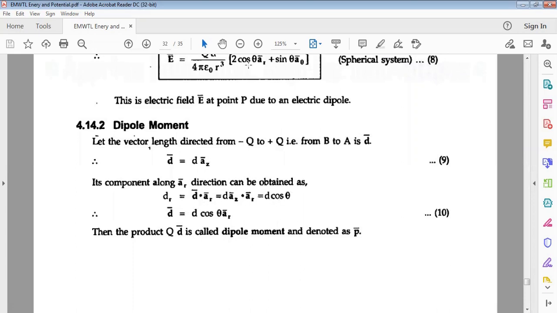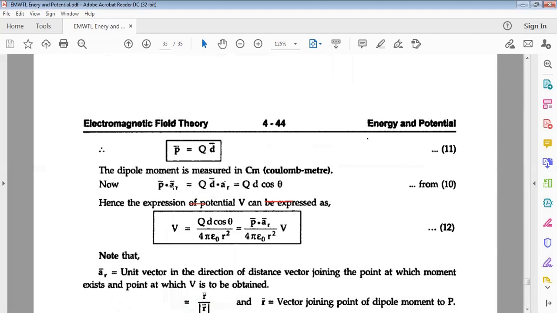You see here. Got it? So p bar dot a_r bar is equal to q d bar dot a_r bar, and d bar dot a_r bar is d cos theta, so q d cos theta is equal to p bar dot a_r bar.